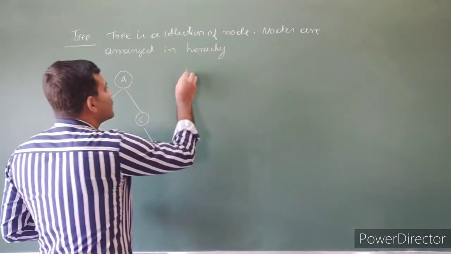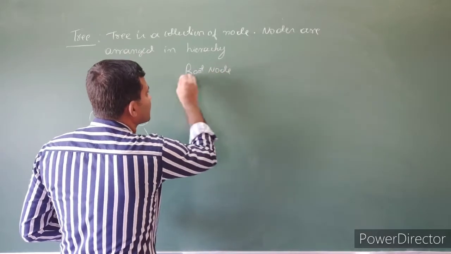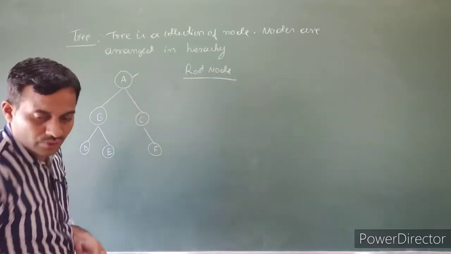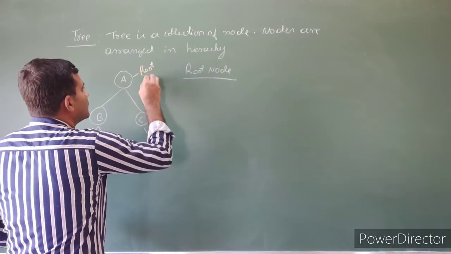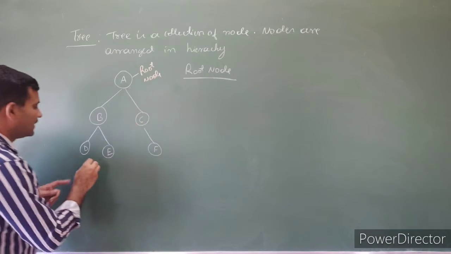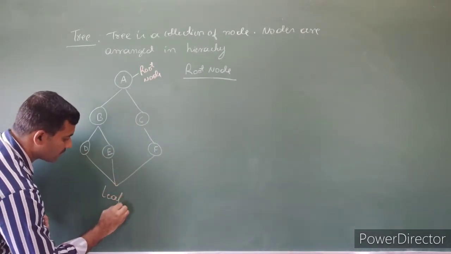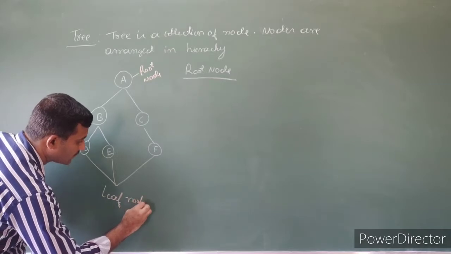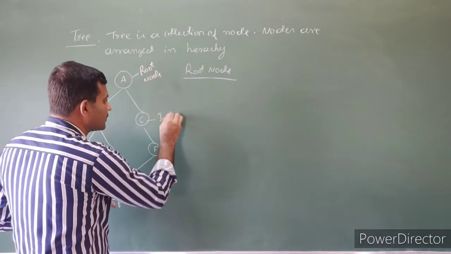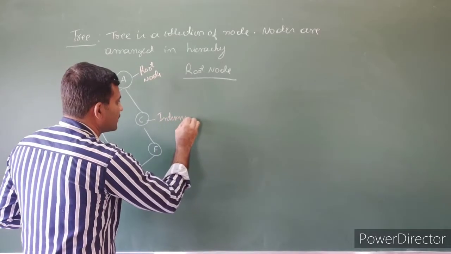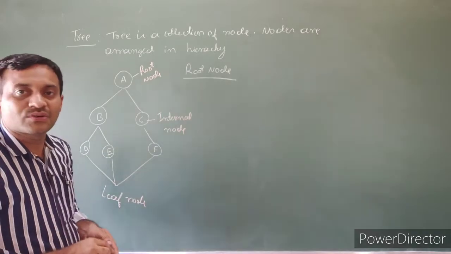Here A is called the root node. Then D, E, F are called leaf nodes, and B and C are called internal nodes. What is the root node?